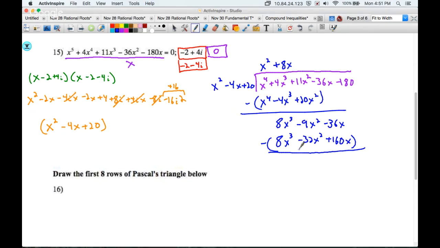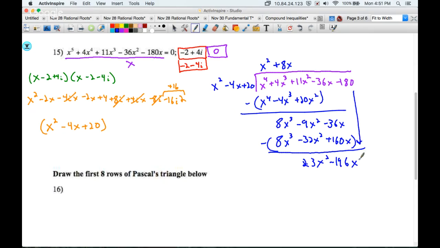Parentheses, subtract. Negative 9 minus a negative 32. So negative 9 plus 32 is 23x squared. Negative 36 minus 160 is negative 196x.